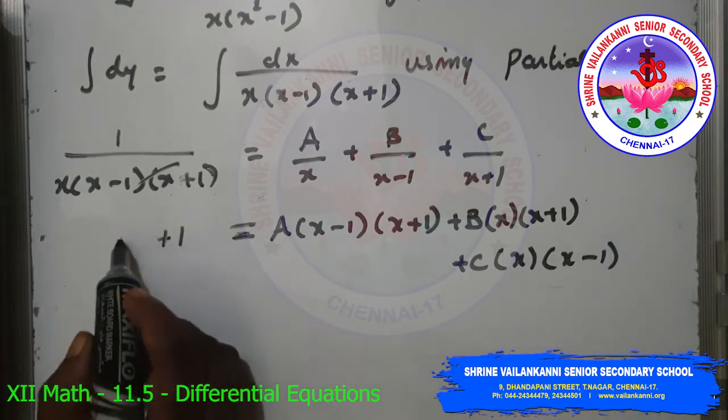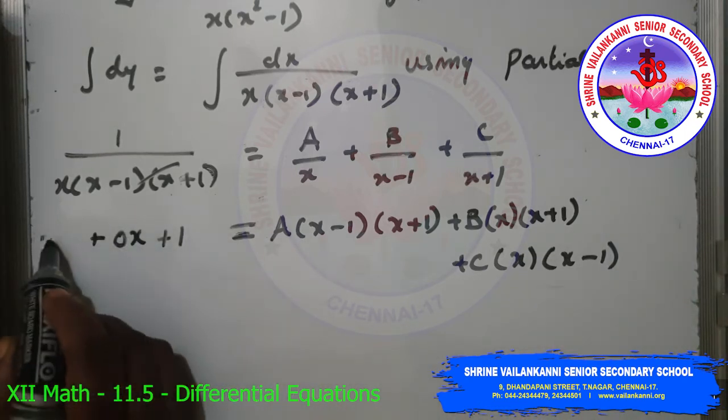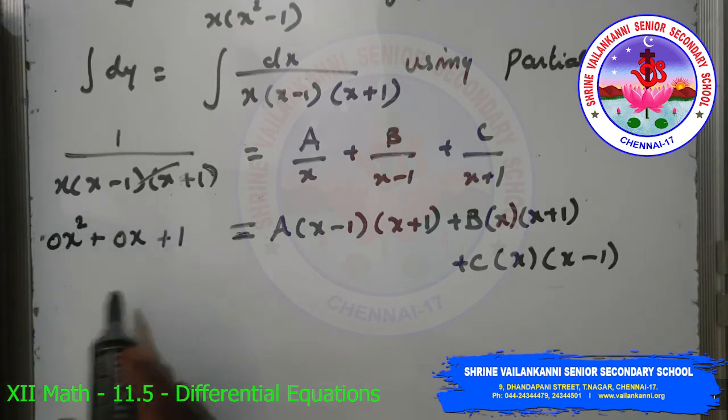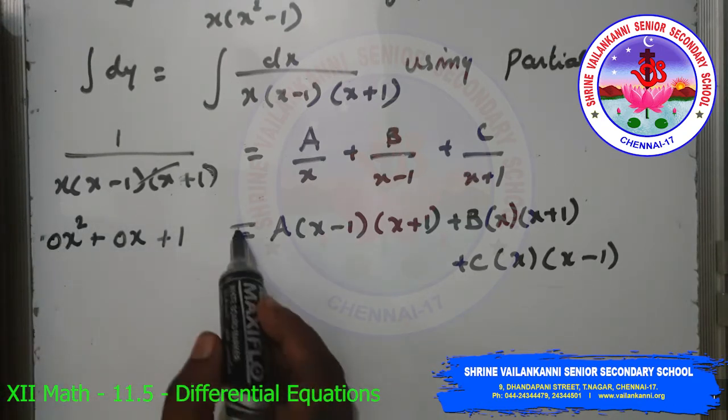Here we have 0x and 0x²; the coefficients of x and x² are 0, only the constant remains.